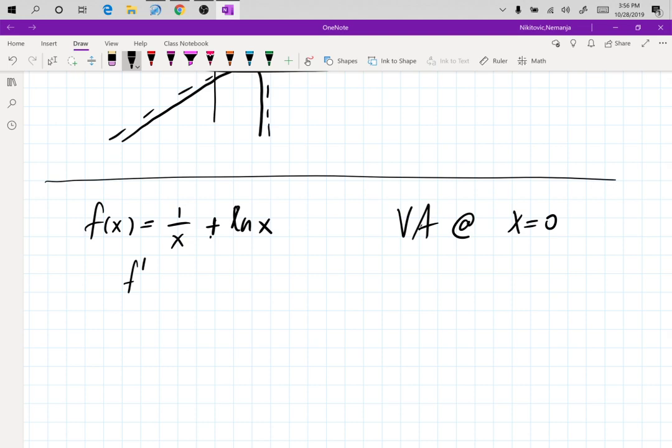Because 1 over x has a vertical asymptote at 0, ln x has a vertical asymptote at 0. The domain of this thing will only be 0 to infinity, because ln x doesn't have anything to the left.